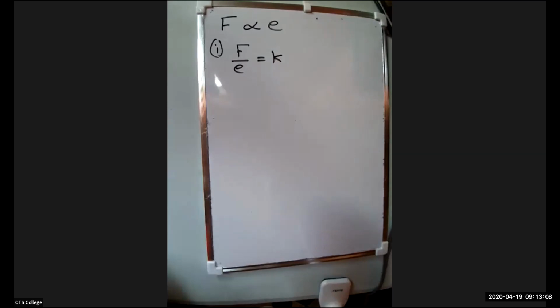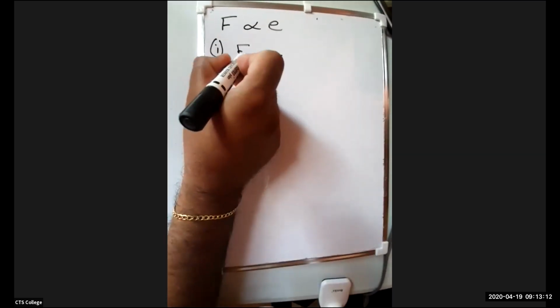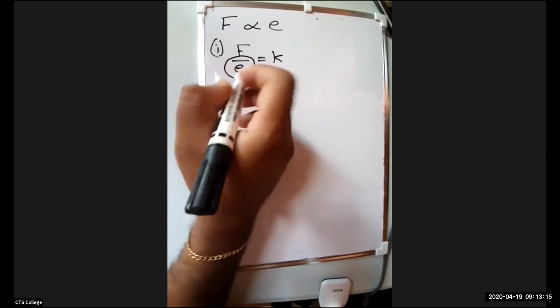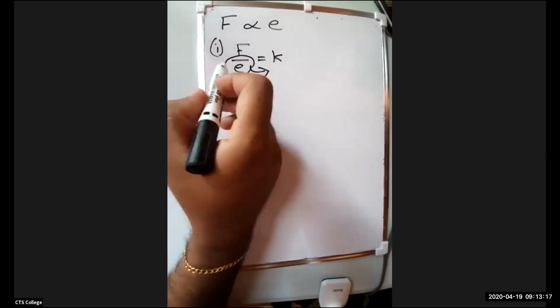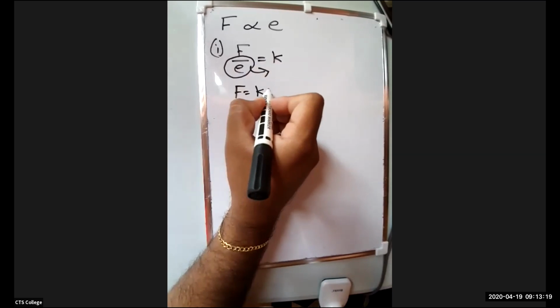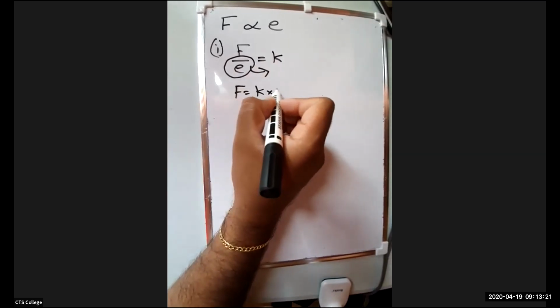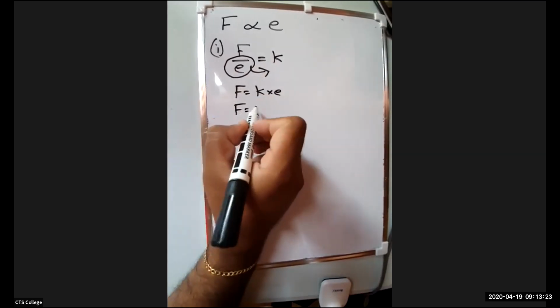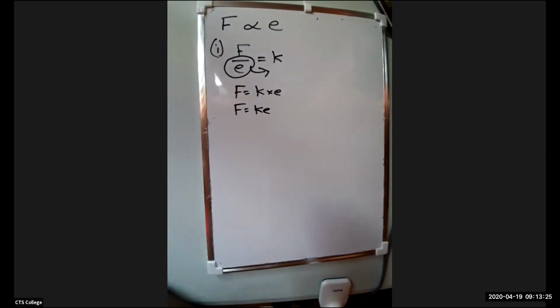And if we want F as the subject of the formula, we carry it across. When division goes across, it becomes multiplication. F is equal to K multiplied by E. So F is really KE. Any questions so far? This question is coming for 1 mark, right?